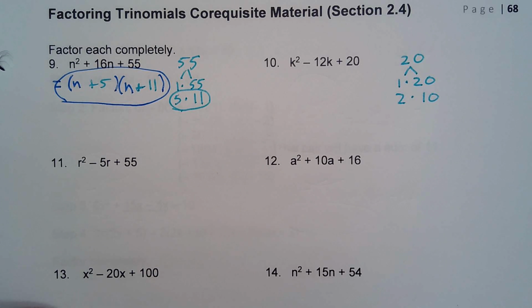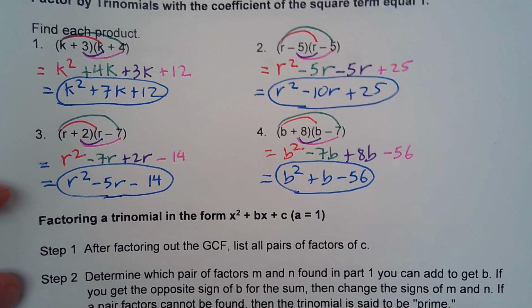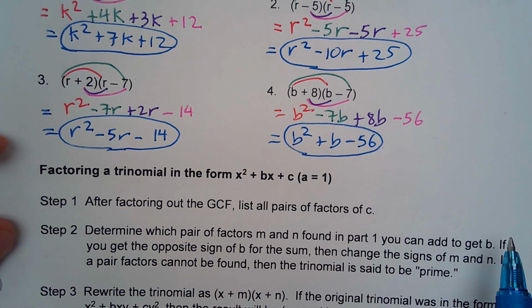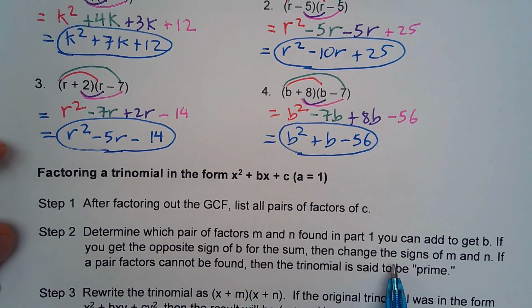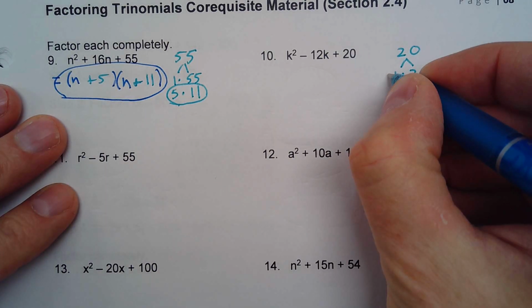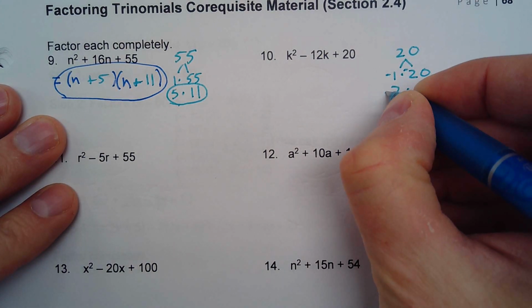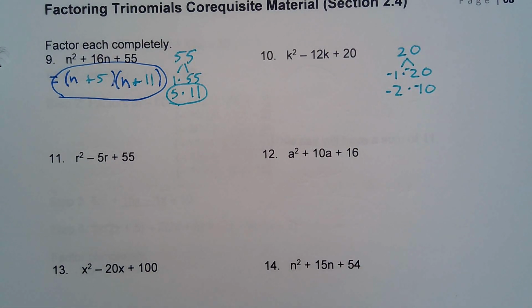So if we go back to the previous page here, right here on step number 2, if you get the opposite sign for B for the sum, then change the signs of M and N. So here, I really need to make both of these negative. Because negative times negative is a positive, so I still have a positive 20.